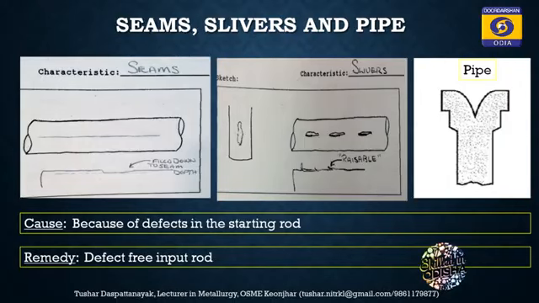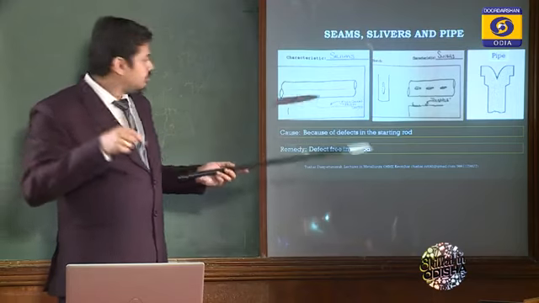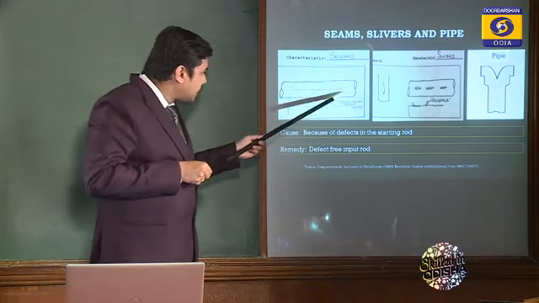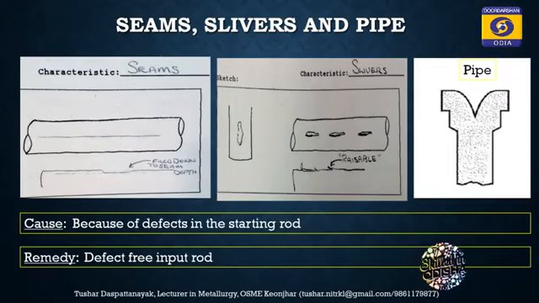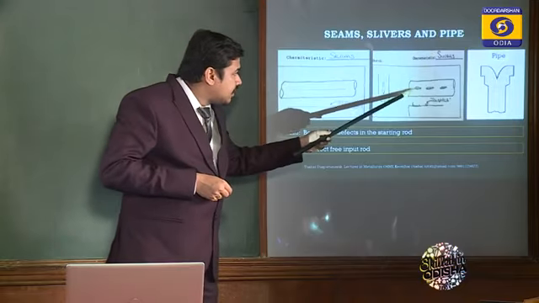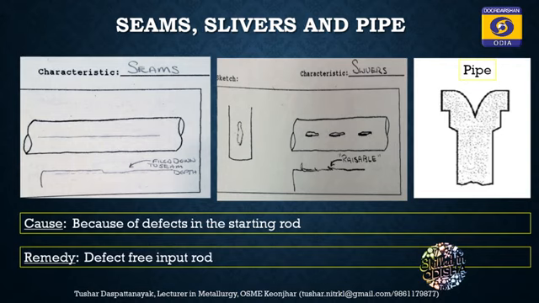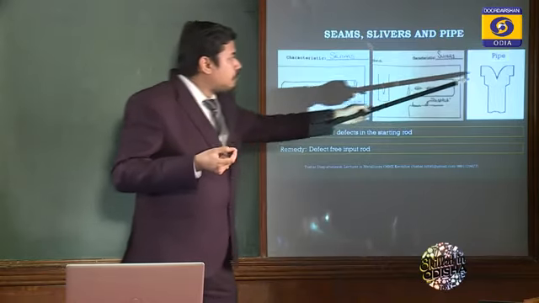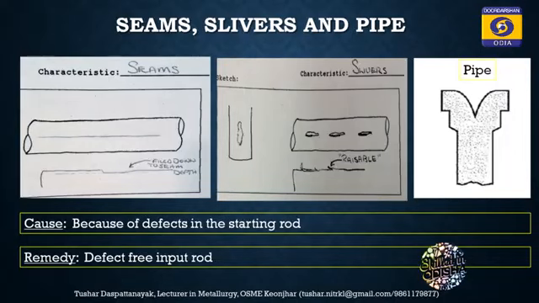First is seams, slivers and pipe. Seam is a welding kind of thing. Look at the line in a pipe. These are called seams. Sliver is when some metal is taken away from the wire. Pipe means there is a hole or pipe inside a wire.